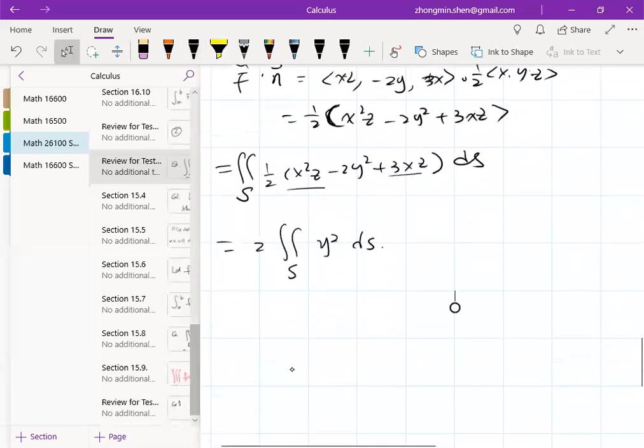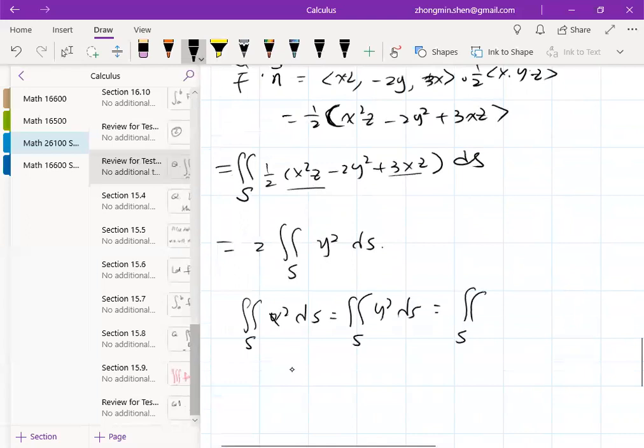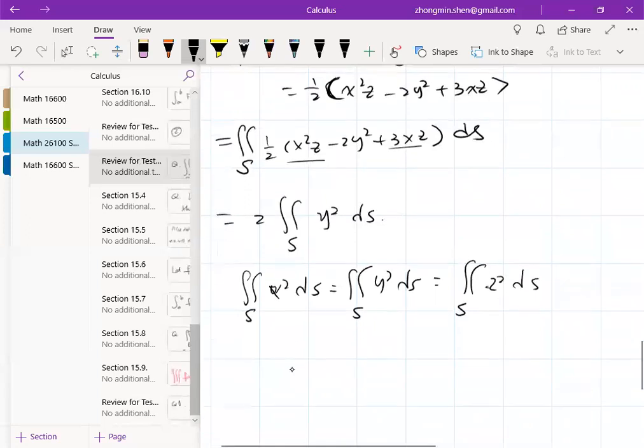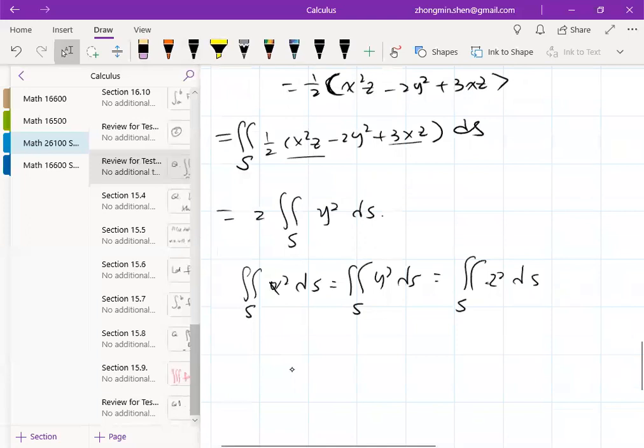Then what? Also by symmetry, the integrals of x squared ds, y squared ds, and z squared ds should all be equal. It feels so nice. Do you agree? Using symmetry, I try to avoid using the parameterization. Great.